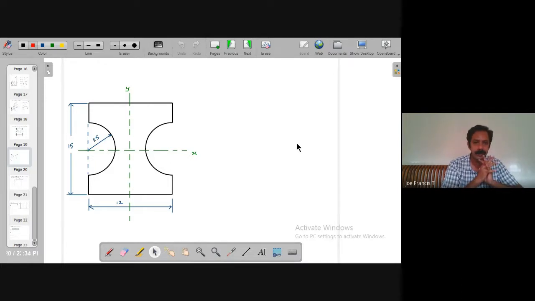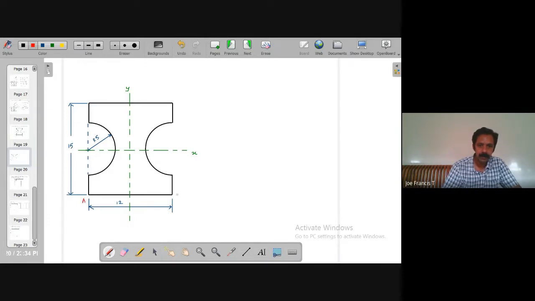Now if you look at this figure, you can see that it is a composite section consisting of a rectangle. I shall name that rectangle ABCD.